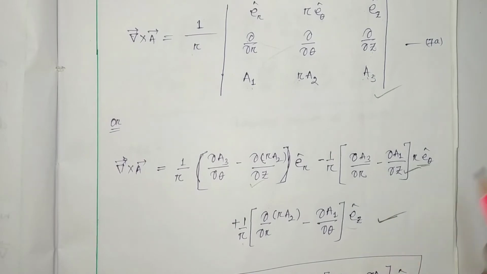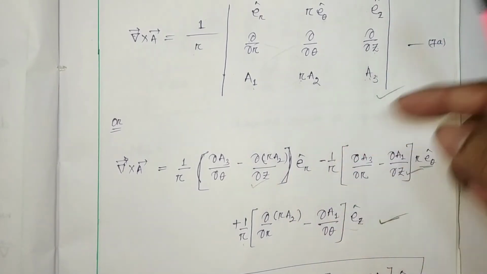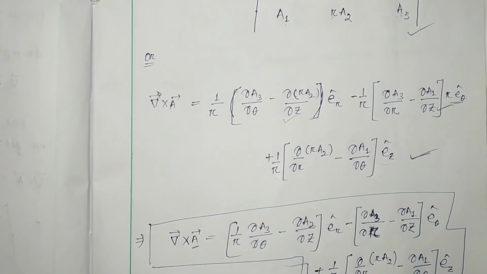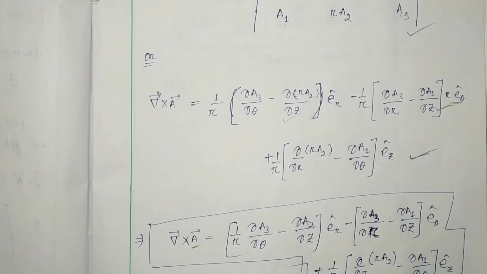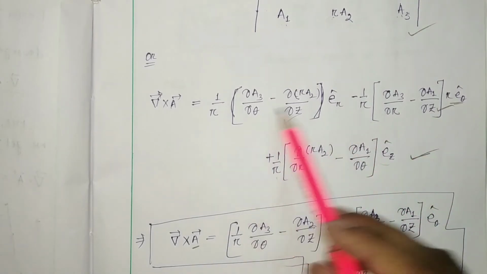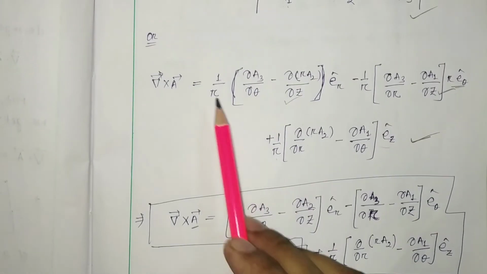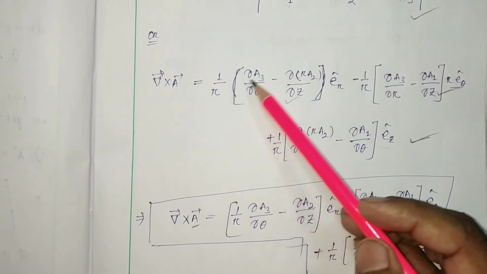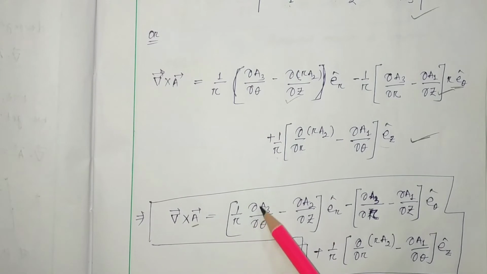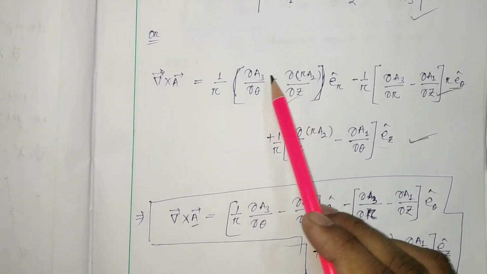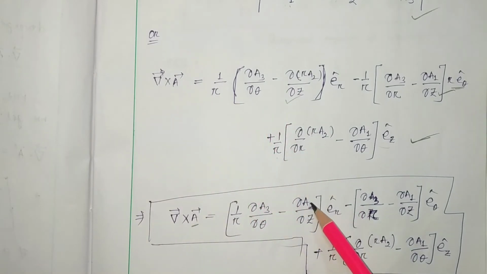This is also another form of curl of the vector function in cylindrical coordinate system. The expression is the same, only 1 by r has been multiplied with each term. Here 1 by r is multiplied with del by del theta of A3, and r is constant, taken outside, so r got cancelled, giving del by del z of A2.